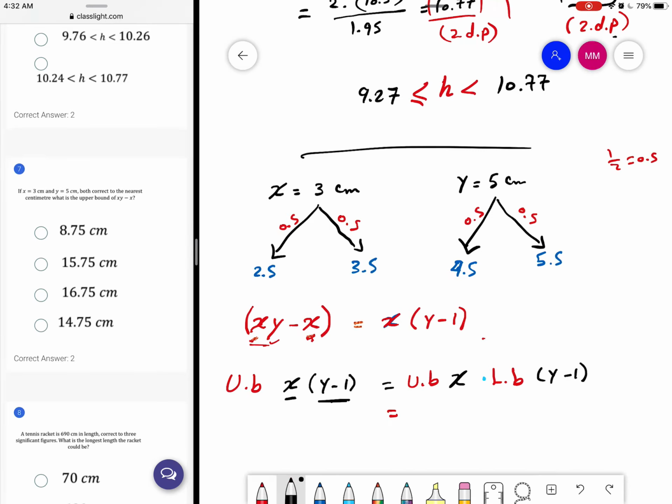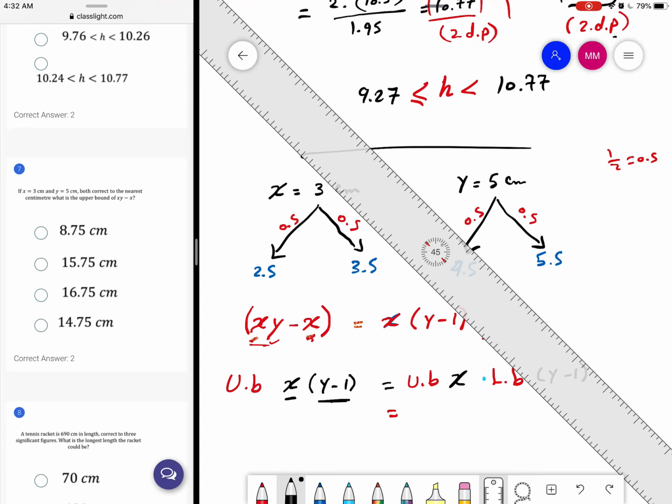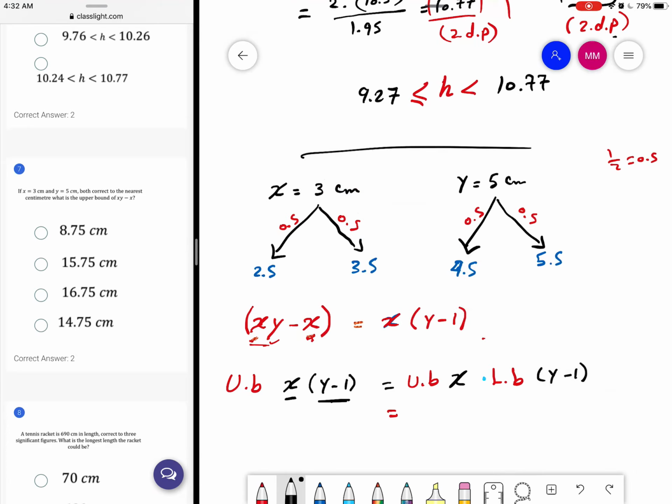Okay, so upper bound of x will be 3.5 multiplied by lower bound of y minus 1. It will be lower bound only of y, because the 1 is like a constant, it's not rounded to anything, so you leave it the same.